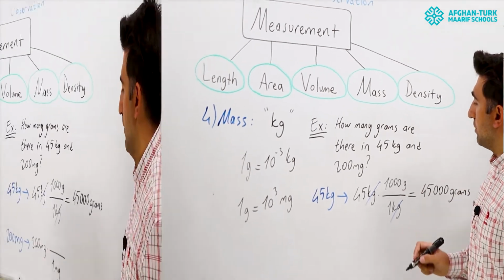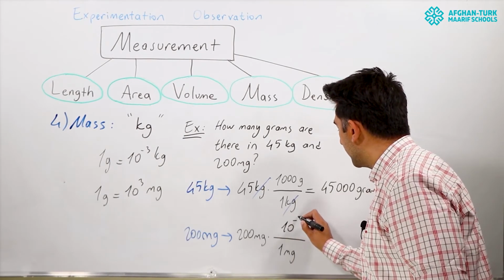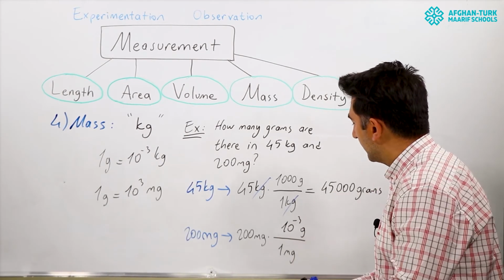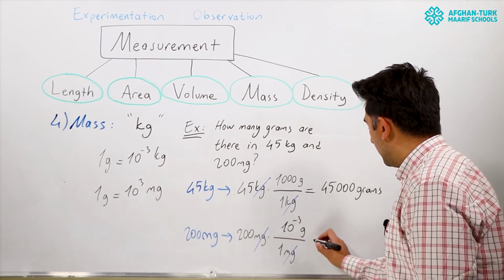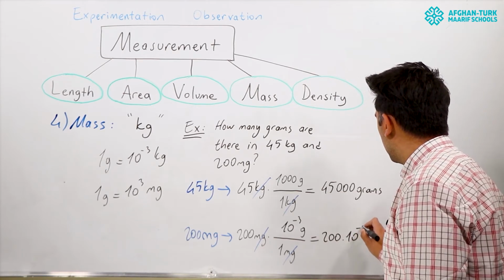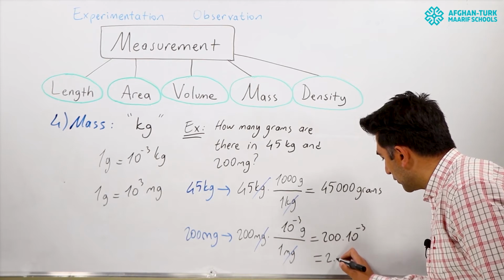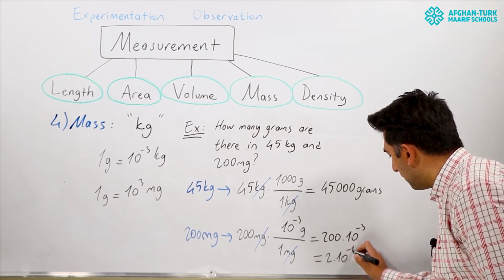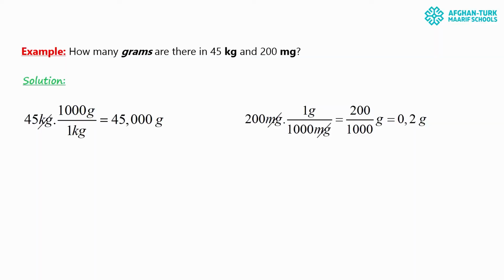How about 200 milligrams? 1 milligram is equal to 10 to the power of minus 3 gram. If I cancel out milligrams, I will have 200 times 10 to the power of minus 3, and that's equal to 2 times 10 to the power of minus 1 gram, and that means 0.2 grams.